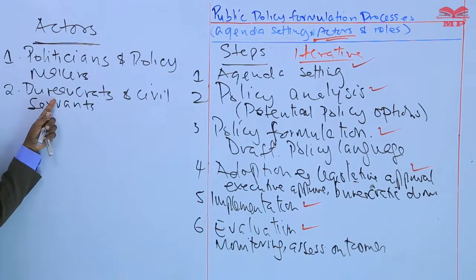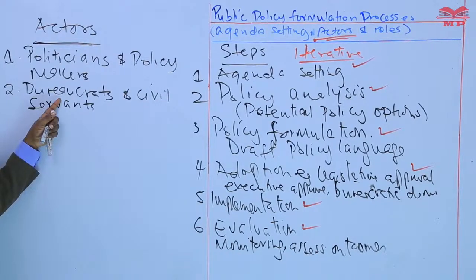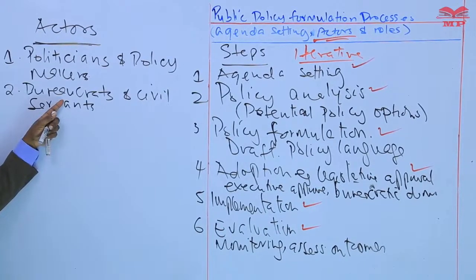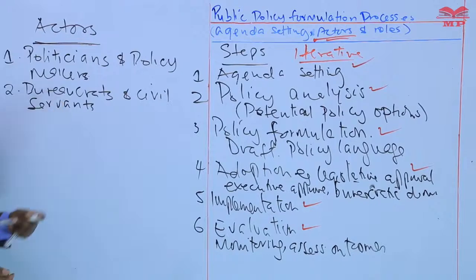Bureaucrats are government officials. These are not politicians, but government officials. Civil servants play a key role in the policy formulation process. They are responsible for carrying out the day-to-day work of developing and also implementing public policy.